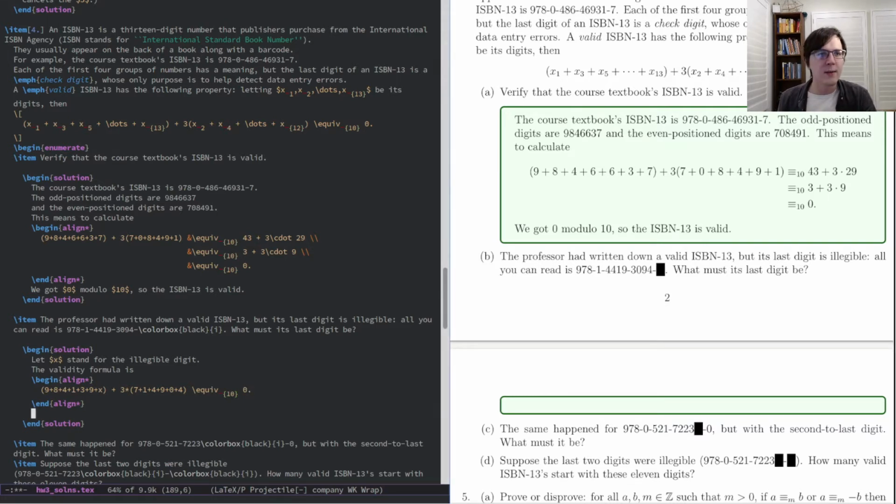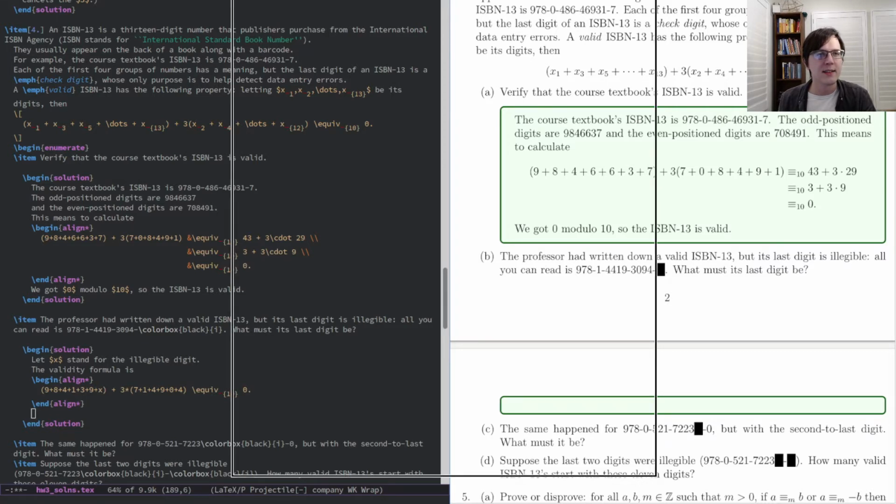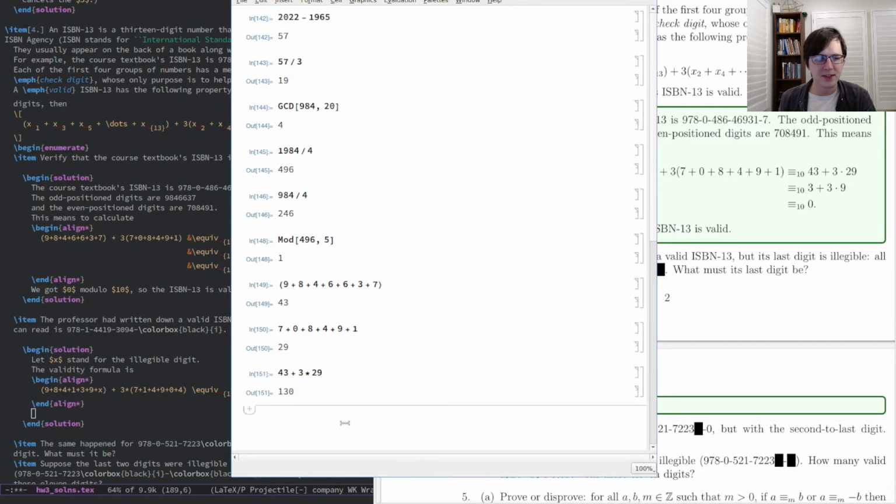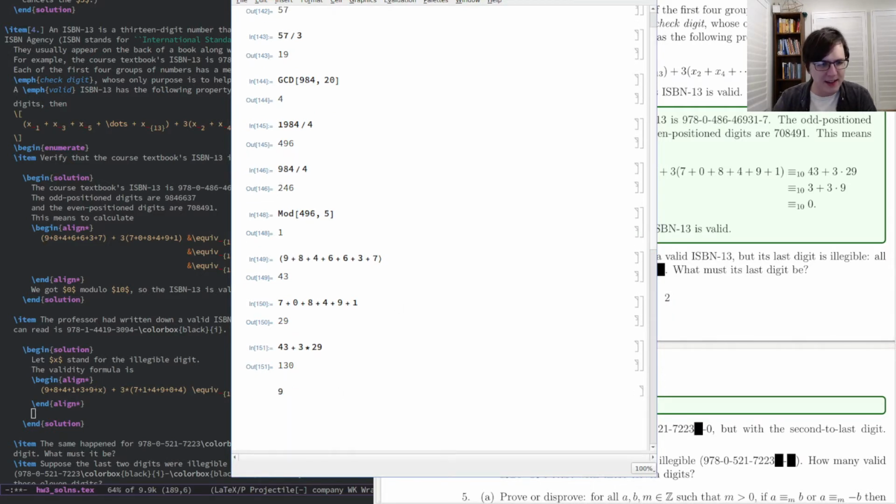Okay, so now doing the basic arithmetic. When I was looking this up, I guess 978, I think that's the United States, books published there. I don't really remember. Yeah, most books in the United States start with that.